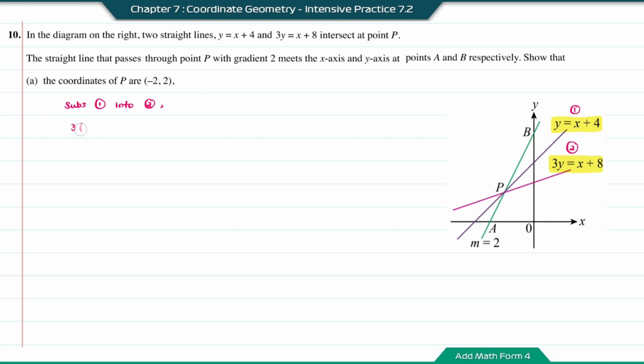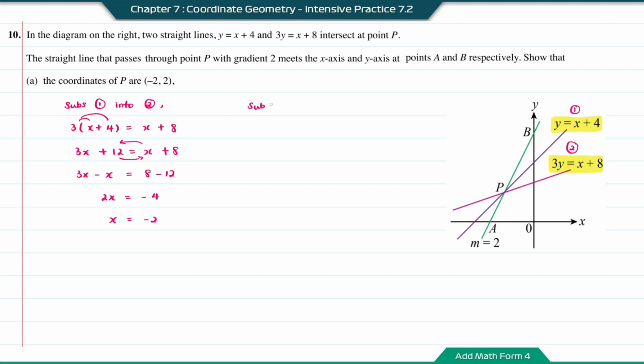So it will be 3 bracket x plus 4 is equal to x plus 8. So expand this, 3x plus 12 is equal to x plus 8. So collect the x on one side and the number on the other side. So 3x minus x is equal to 8 minus 12. So 2x is equal to negative 4. Therefore, x is equal to negative 4 divided by 2, which is equal to negative 2.